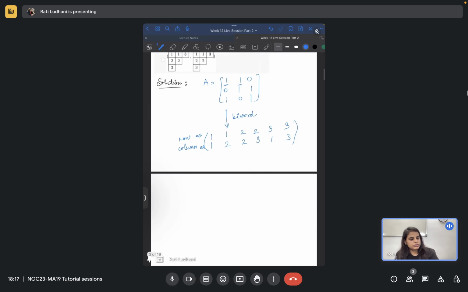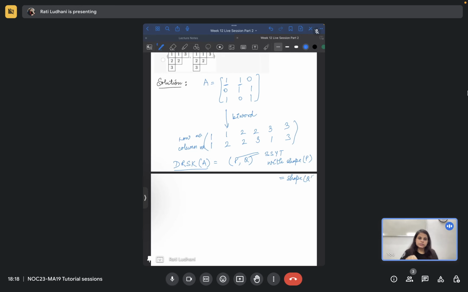Now we need to find the dual RSK. As you know, we will get an insertion matrix, and usually we write P and Q, where P and Q are semi-standard Young tableaux with the shape of P equal to the shape of Q dash.